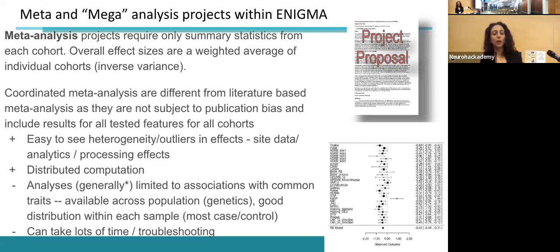Yes, so one of the drawbacks of meta-analysis, unfortunately, is that it's really limited to associations with common traits. So if you have genetics across your entire population, we're only looking at common genetic factors. And with a lot of the case-control work, you really have to have a good distribution of both cases and controls at each individual site.